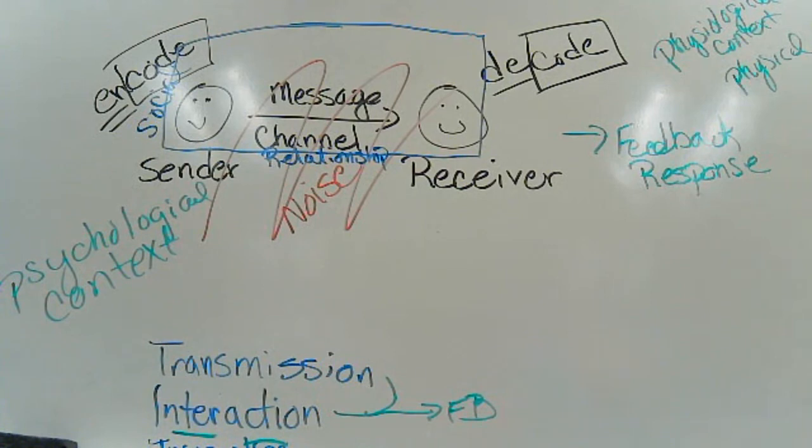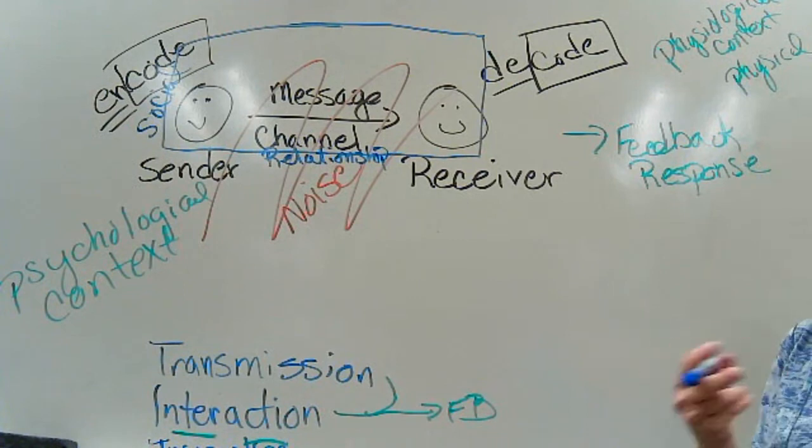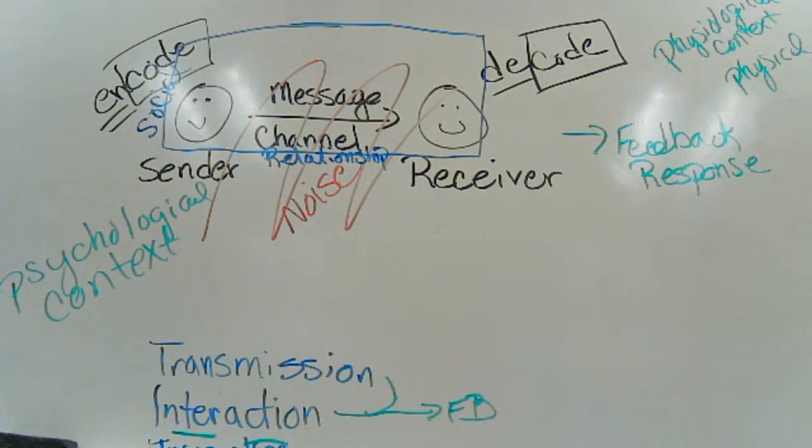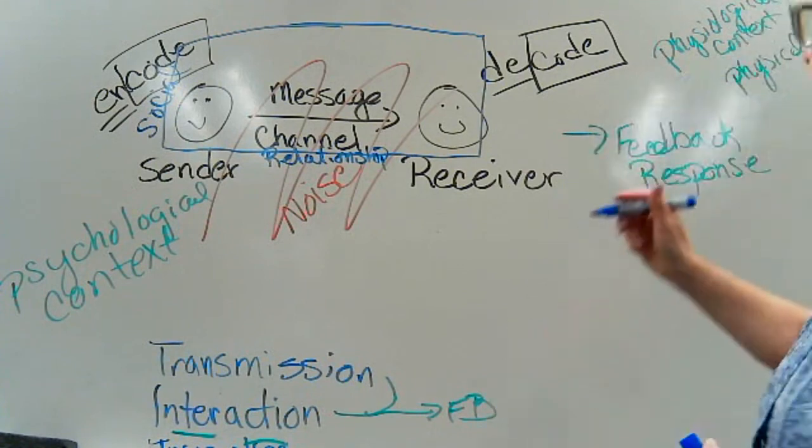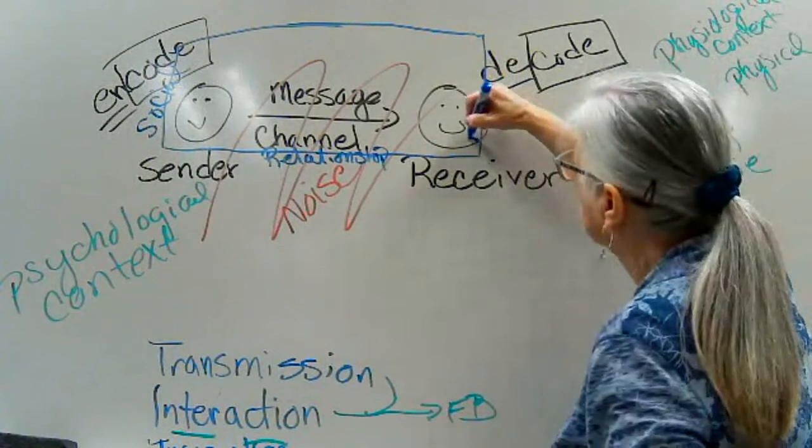So when we start to talk about power differentials in communication and how people use and abuse power, that social stature is going to come into play to understand the dynamics of how people communicate. And then we have over on the other side, cultural context.